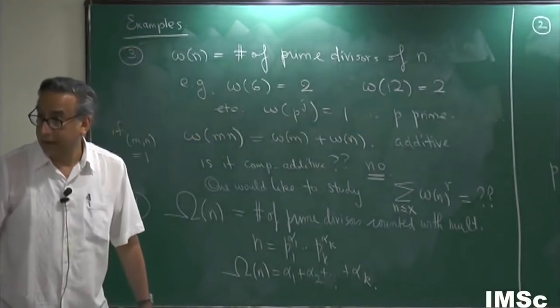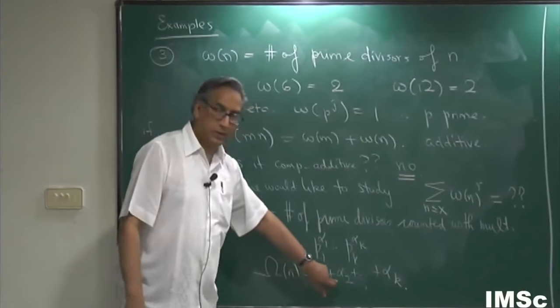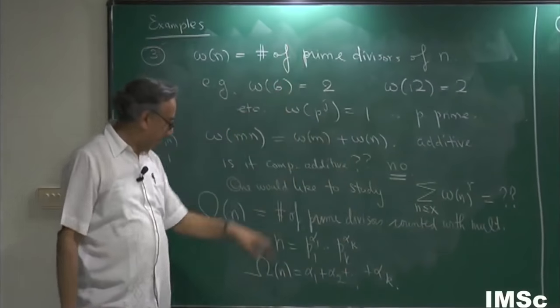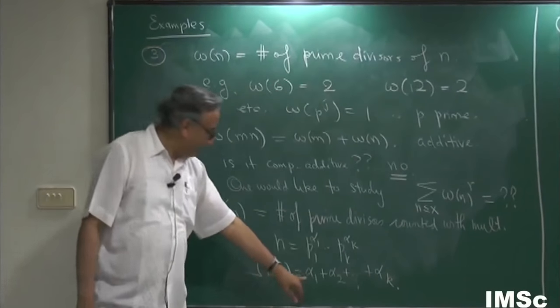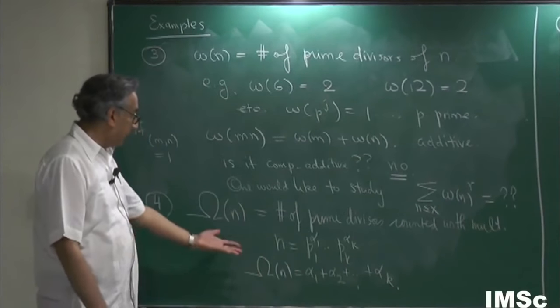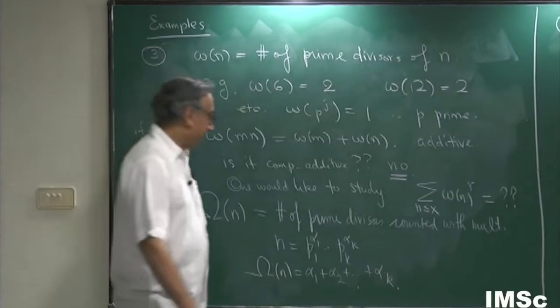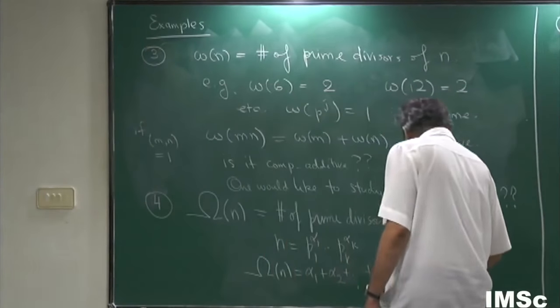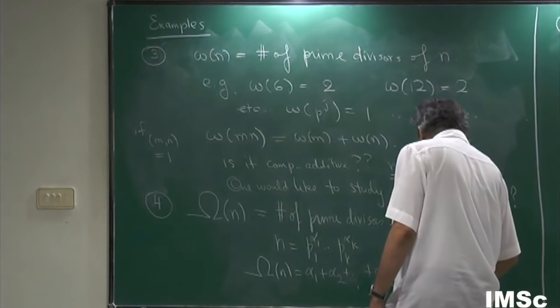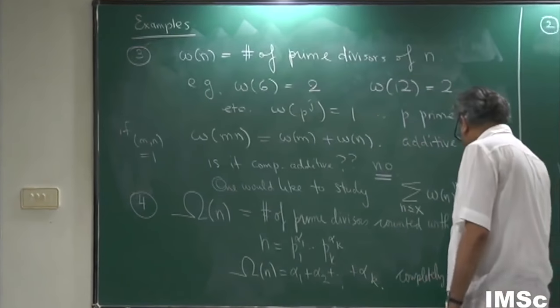Before we only counted 1 plus 1 plus 1 for the small omega of n, but now I'm counting with multiplicity. So this is completely additive. It's clear because it's counting the multiplicity.